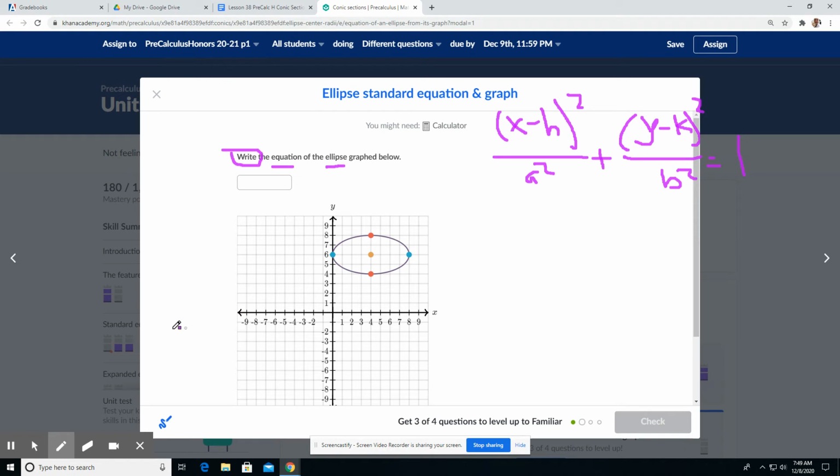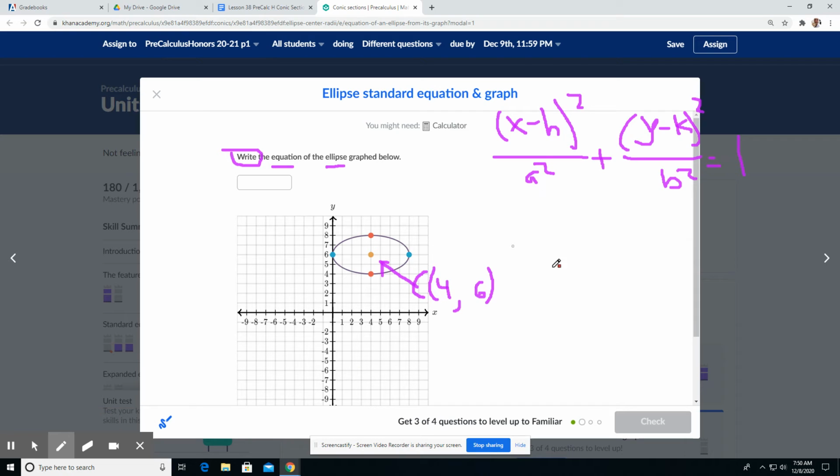All right, so we'll look at each part. First, what's the center? The center is at 4, 6. That's our center.